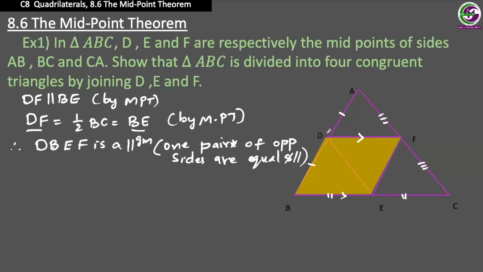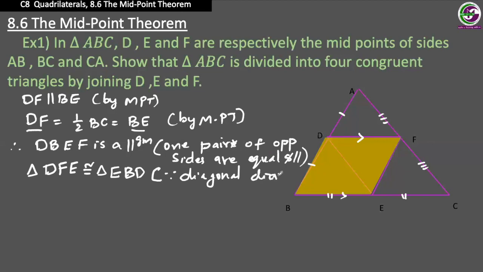We have studied that the diagonal of a parallelogram cuts it into 2 congruent triangles. So we can see triangle DFE is congruent to triangle EBD, because the diagonal divides the parallelogram into 2 congruent triangles.